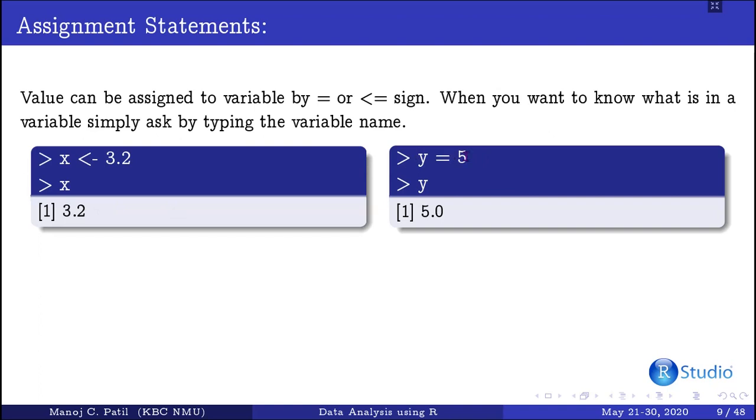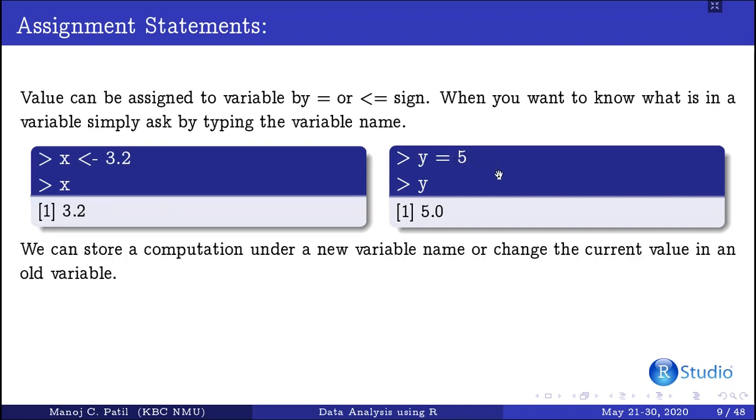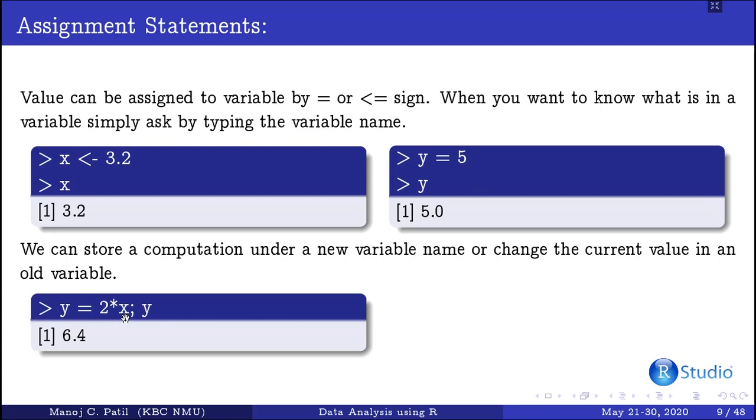We can also use the equal to sign. We can store a computation under a new variable name. For example, whatever we have done in the demo part, y is equal to 2 times x.